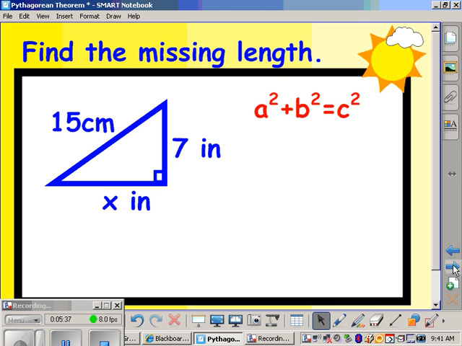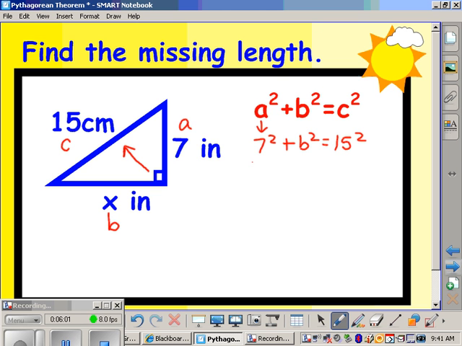In this next problem, again, we want to first identify the a, the b, and the c. So this time the c would be 15, and then again we can label either the 7 or the x as the a or the b. So I'm going to replace the a with 7, so we have 7 squared plus b squared equals 15 squared.